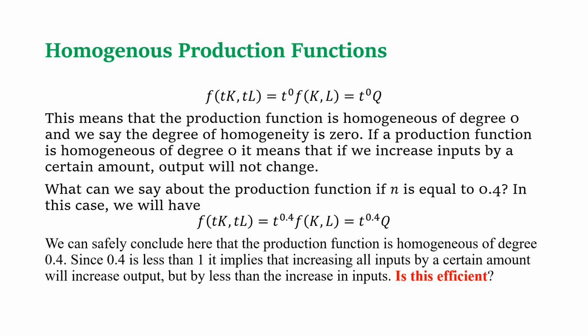So in that case, we say the degree of homogeneity is 0.4 and it is less than 1. It means that if we increase all inputs by a certain amount, output will increase, but by less than the increase in inputs.